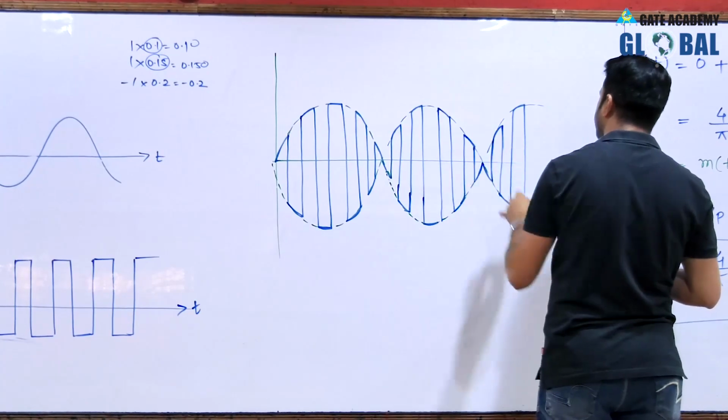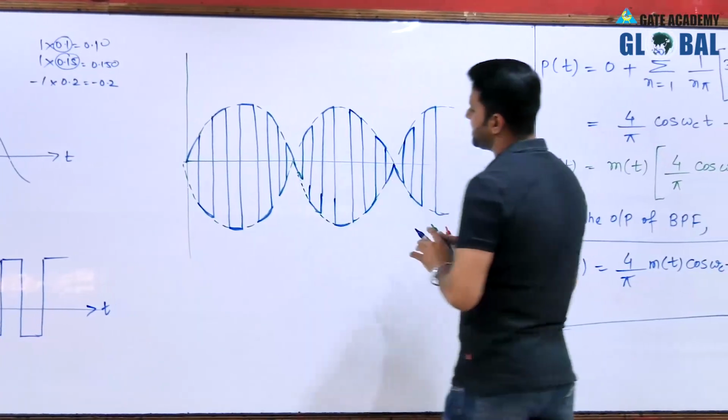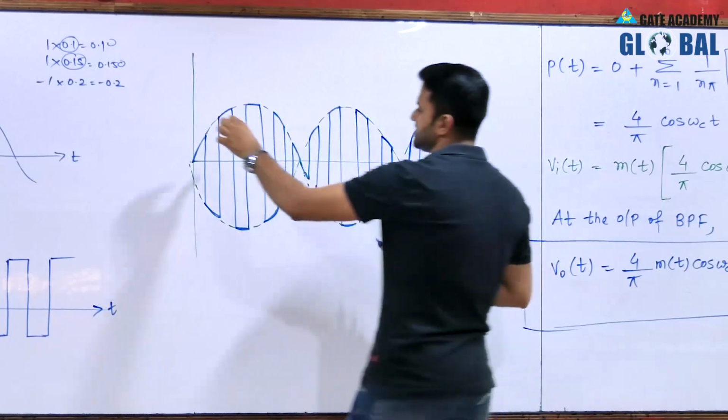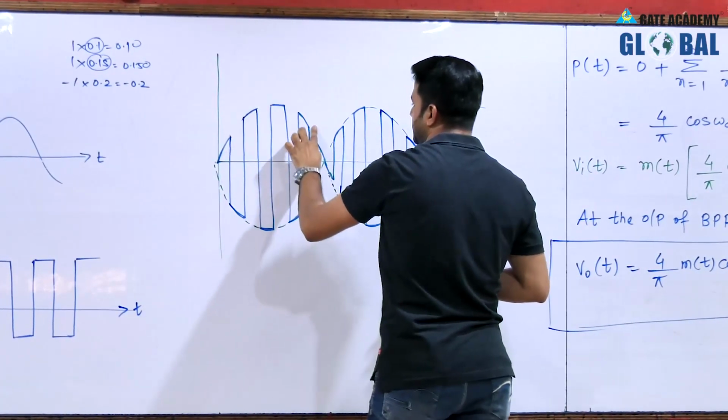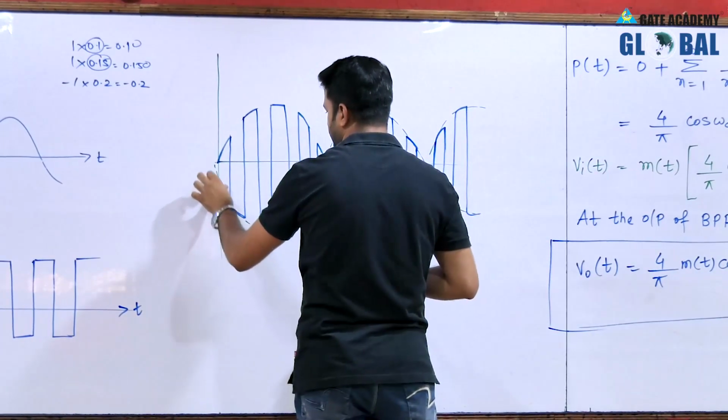Depending on the value of input and this square wave, we will get output like this. So this will not be present here, you will get this signal at the input of band pass filter.